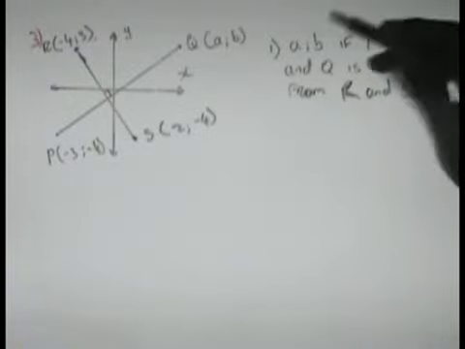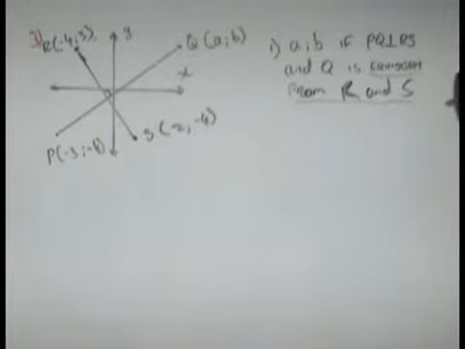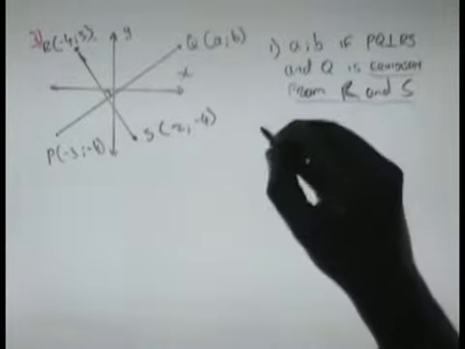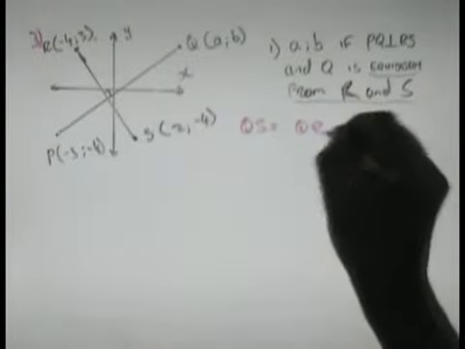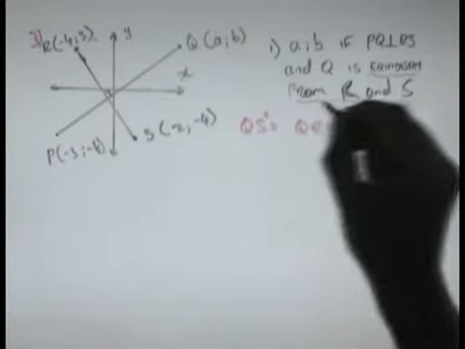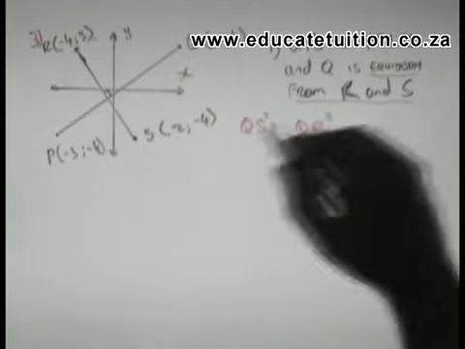Now let's start with this equidistant bit, because that looks like the more difficult one to do. If it is equidistant, it means that QS is equal to QR. That means that QS squared is equal to QR squared.